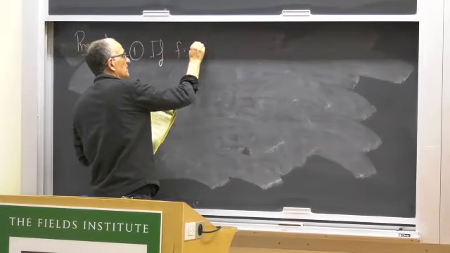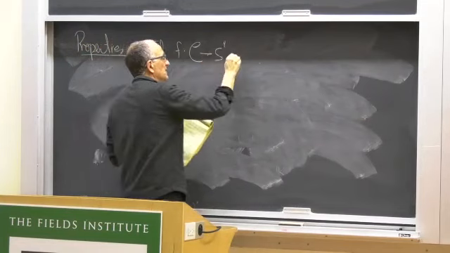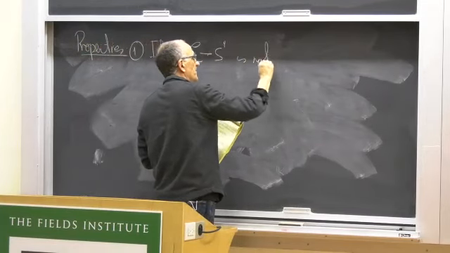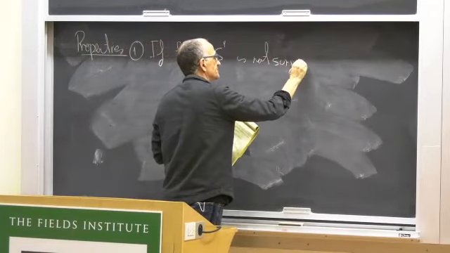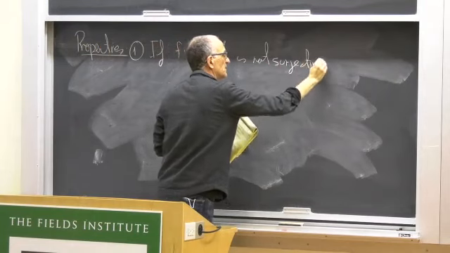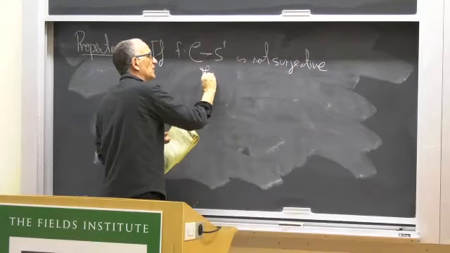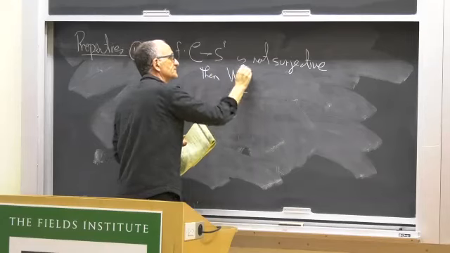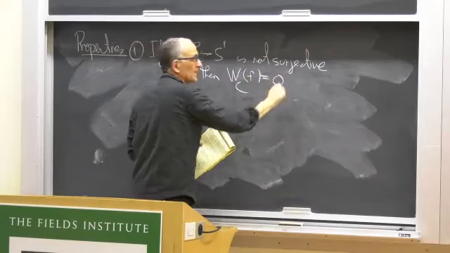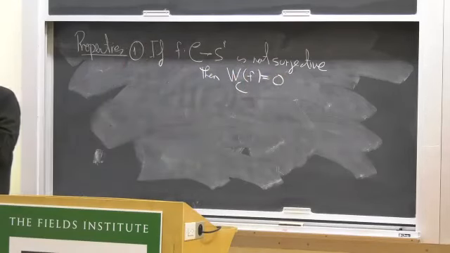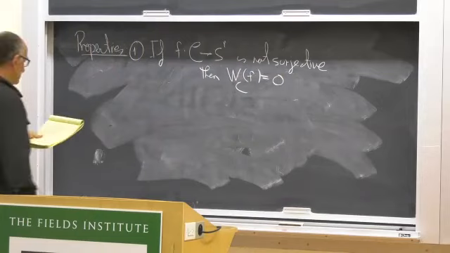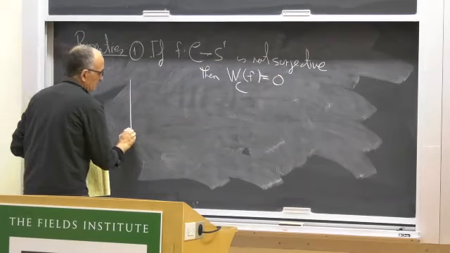If f from C to S1 is not surjective, then the winding number is 0. Why is that? Let's look at the picture.